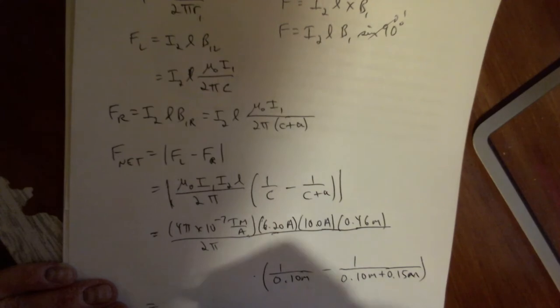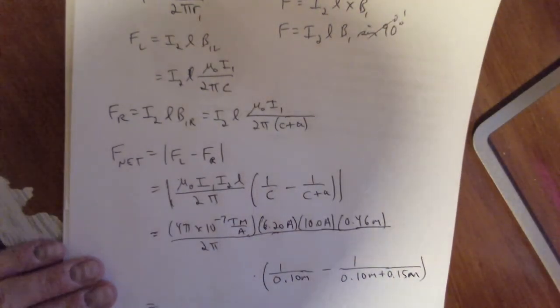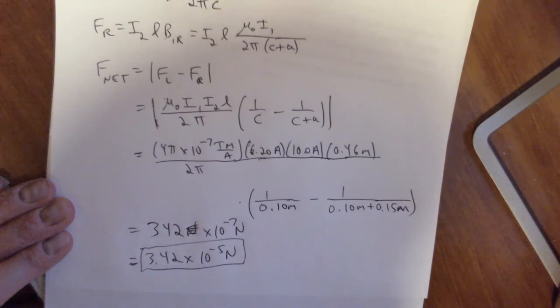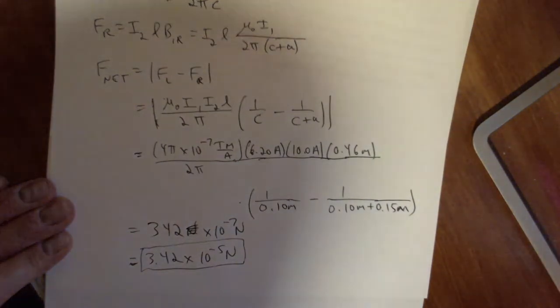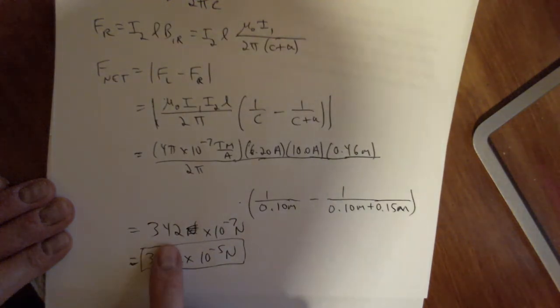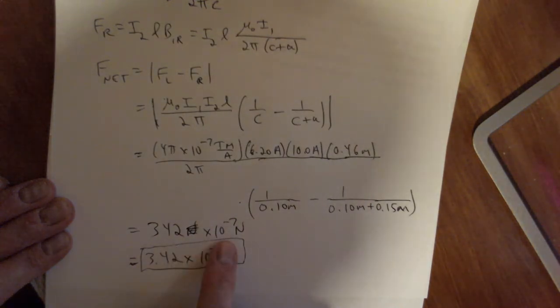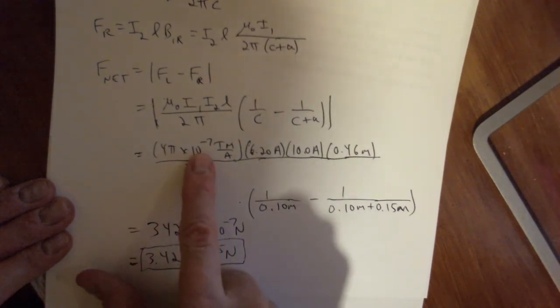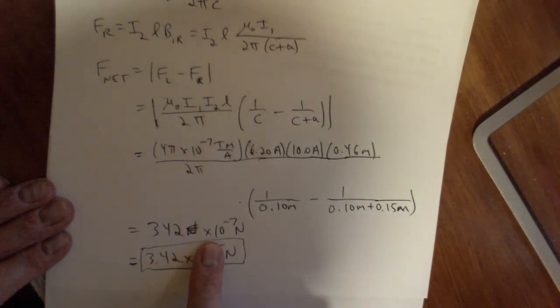All right, and I'll pause for a moment to put that all in my calculator. Okay, and so I plugged that into my calculator, and I got 342 times 10 to the negative 7 newtons. You can see that I was careless and didn't carry down the 10 to the negative 7 until I checked the solution.